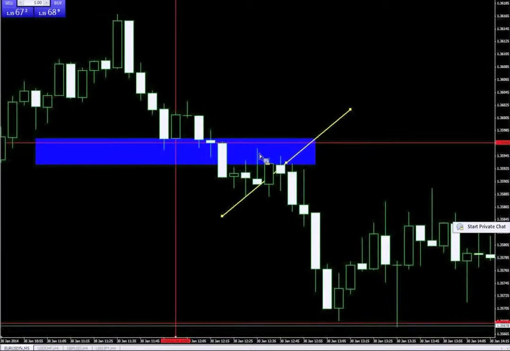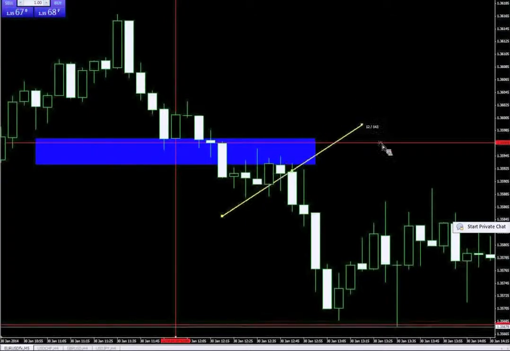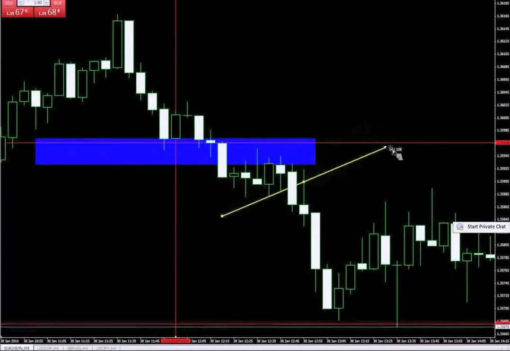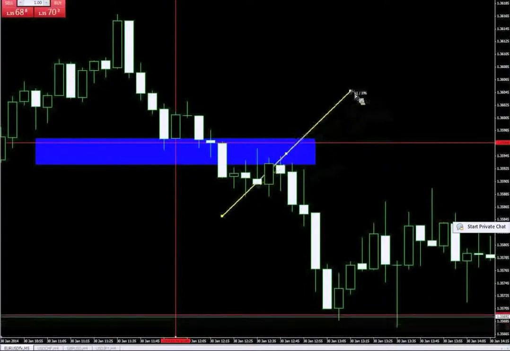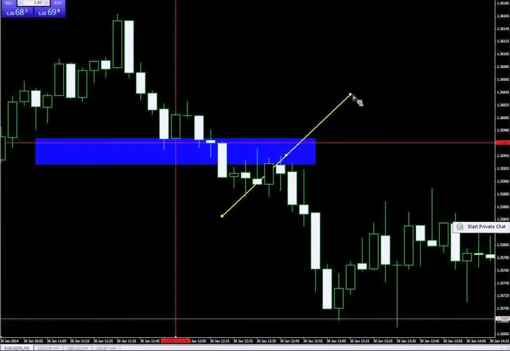The lower wick on the next bar. Oh, this one. Well, as price moves on, I mentioned this earlier, you can adjust this trend line if you have to. But this trend line would work for an entry. And if you want to adjust it, you can adjust it here until we get a break of the trend line.